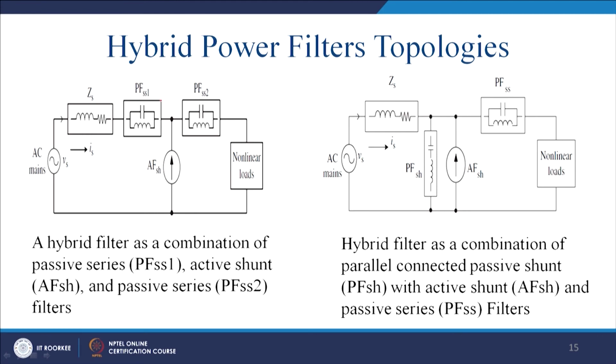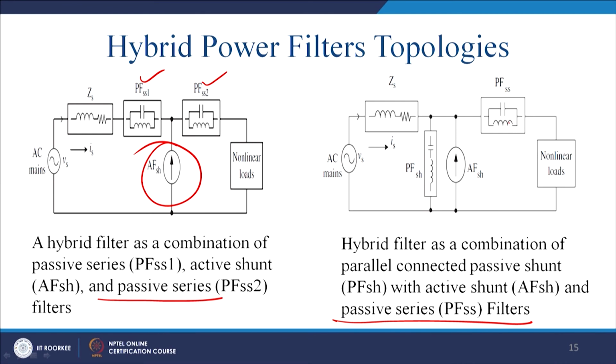You have this, your series passive filter, and you have an active shunt solution, and that is also possible for current harmonic mitigation. The hybrid filter is a combination of the passive series and the active shunt and the passive series combination, as has been shown, and thereafter you have the hybrid filter as a combination of the parallel connected passive shunt with active shunt and the passive series, as has been shown.